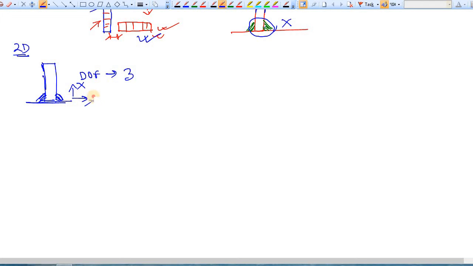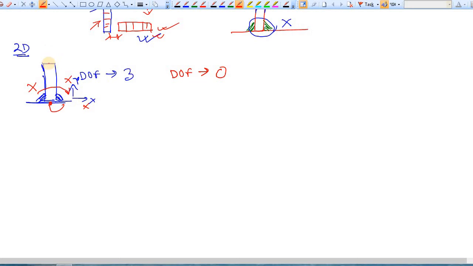This is the x direction and this is the y direction. So along x the movement is closed, along y the movement is closed. Not only that, along the z axis it cannot rotate. So now the degree of freedom of this system is reduced to almost 0 at this point.